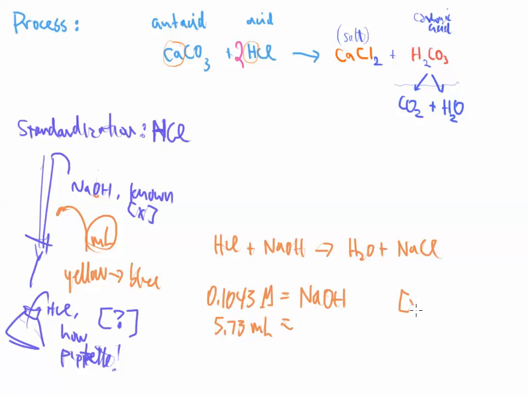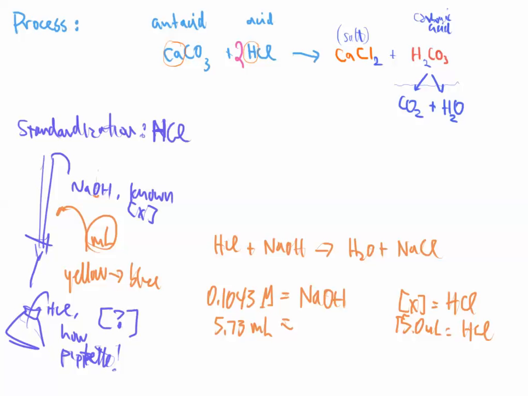Well, I need to figure out the concentration of my hydrochloric acid. But I know from the very beginning, maybe I was told to pipette 15 milliliters of hydrochloric acid into that flask. But I know at least the volume. It'll be there for me. It will tell me how much I needed to use.